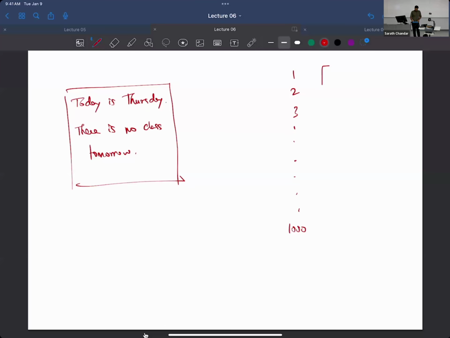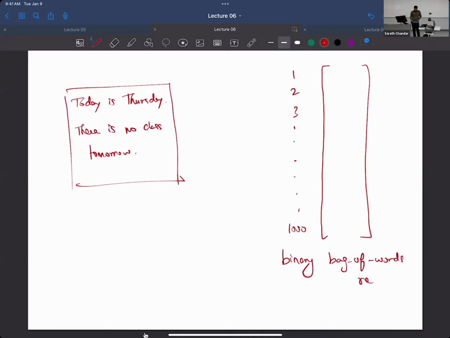Now, the simplest representation one could think of is called the binary bag of words representation, which is basically you see which word appears here and put a 1 for the corresponding place in the vocabulary.